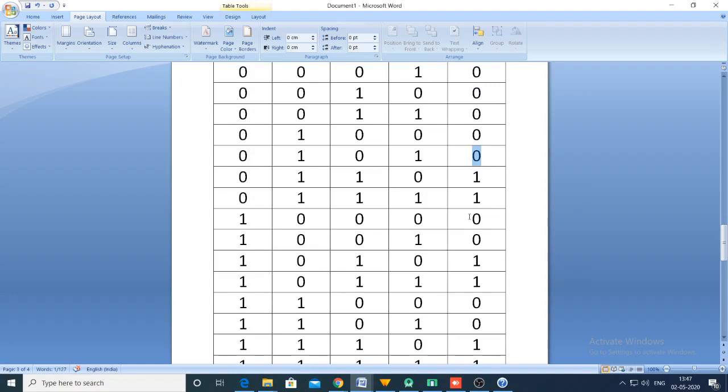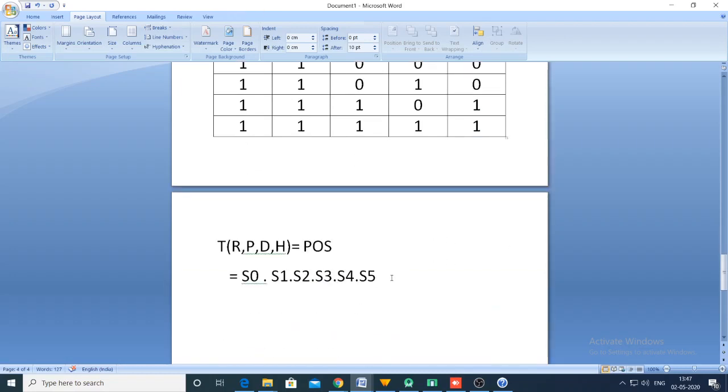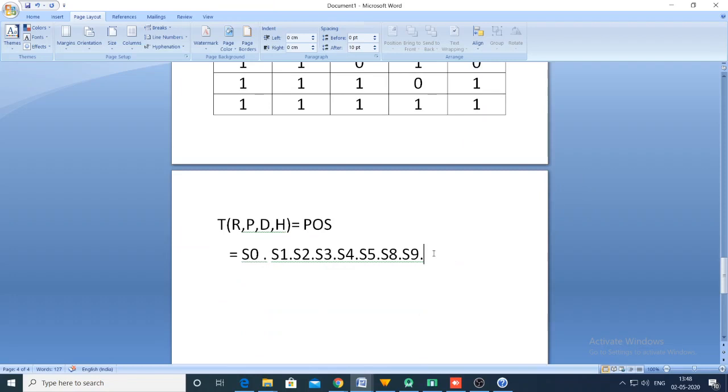Then thereafter 8 dot 9, then 12 dot 13.